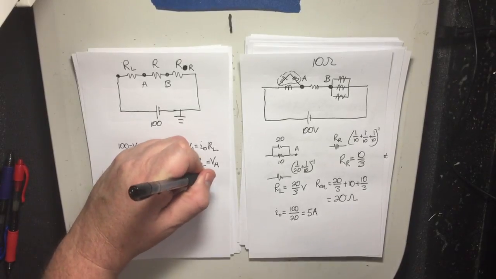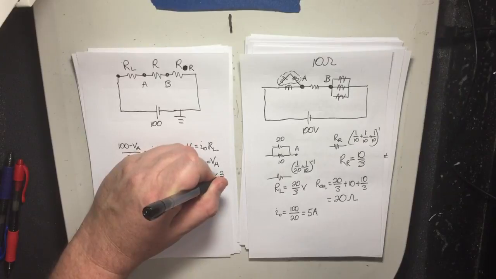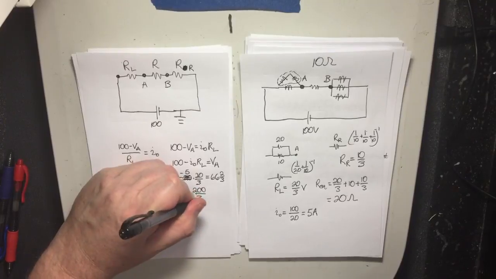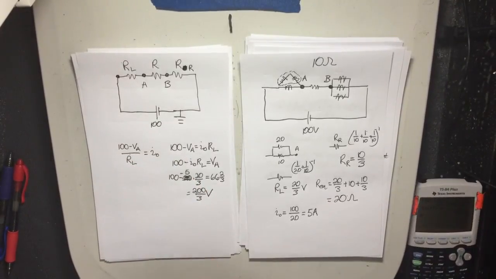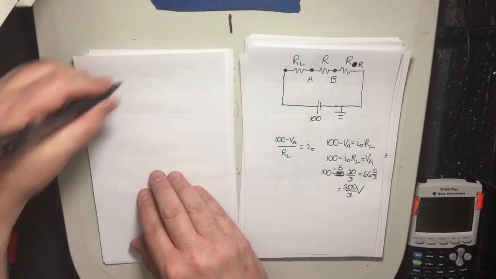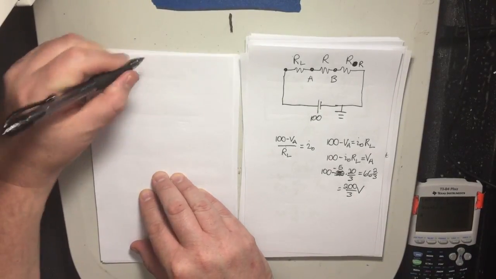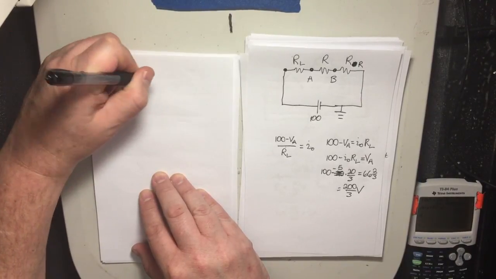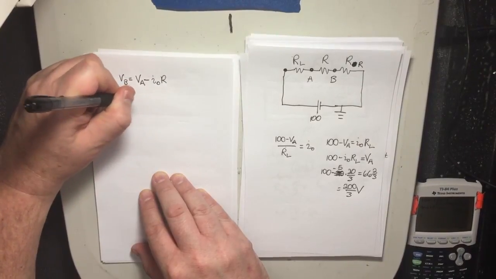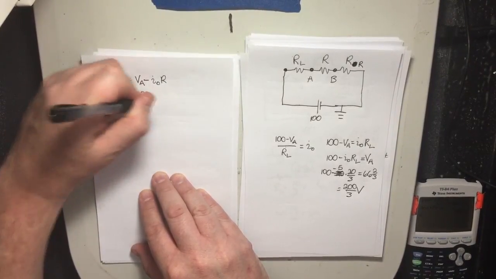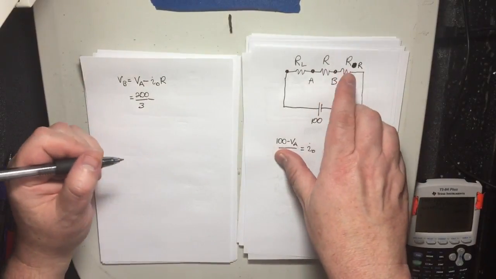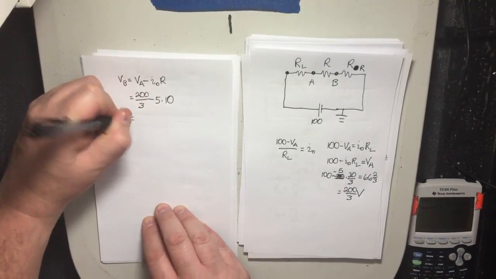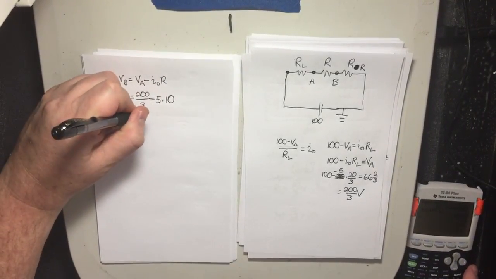So 66 2/3, or 200 thirds of a volt. Now for the other way to get VB, probably the fastest way would just be VA minus I naught R, so 200 thirds minus the drop across that R, 5 times 10 is 50 thirds.